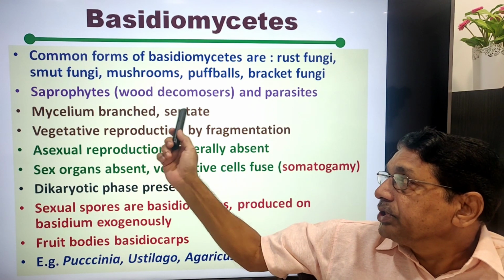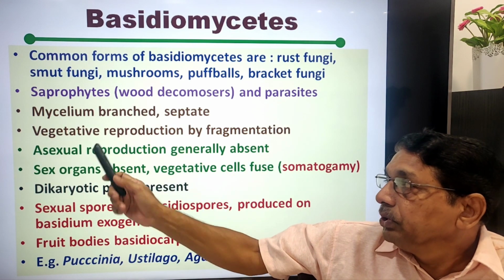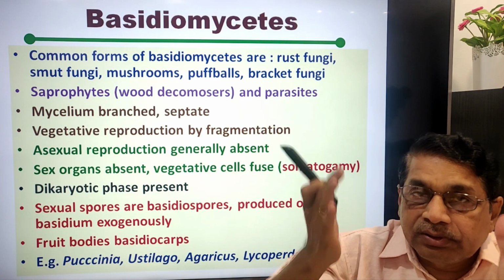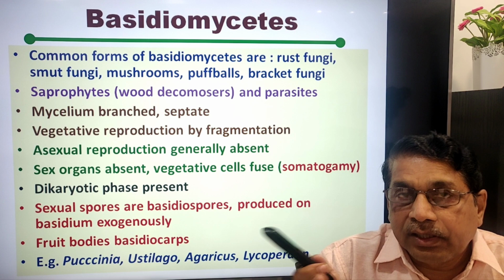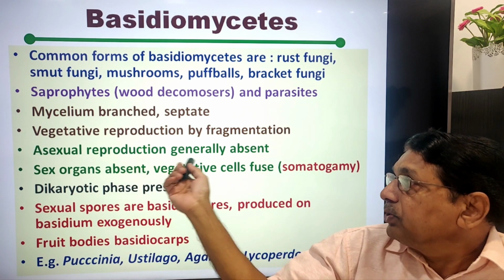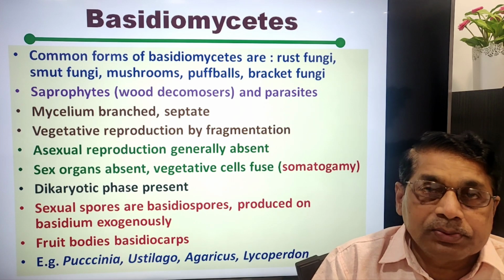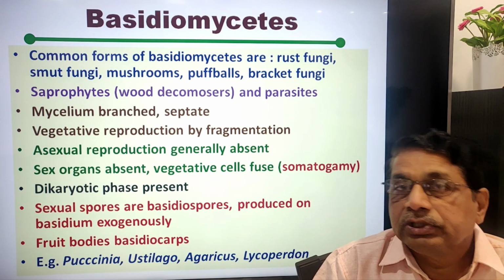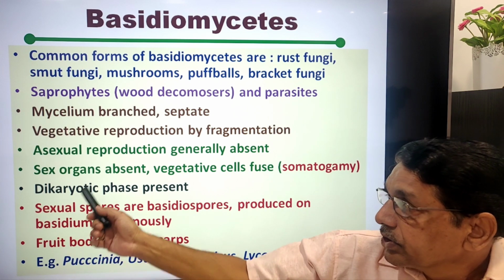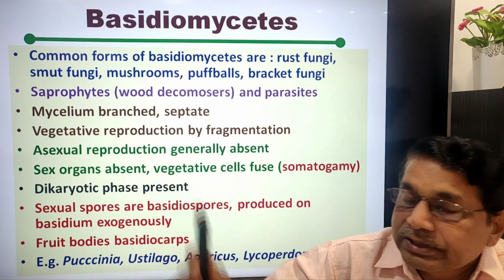Mycelium branched, septate. Vegetative reproduction by fragmentation. The hyphae break into small fragments, pieces. Asexual reproduction is generally absent. It is common in lower fungi, lower organisms. Sex organs absent.